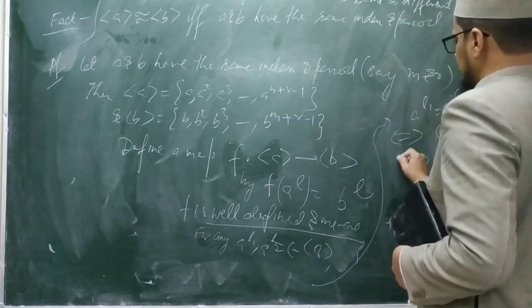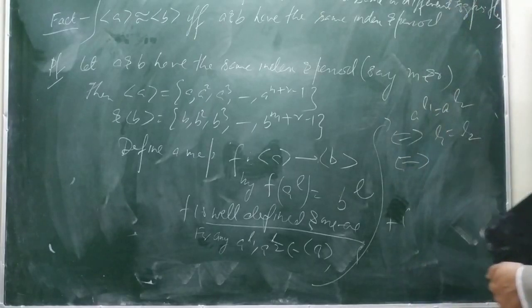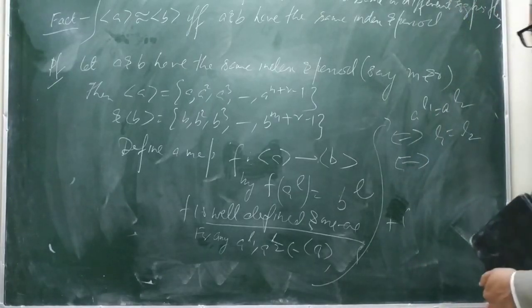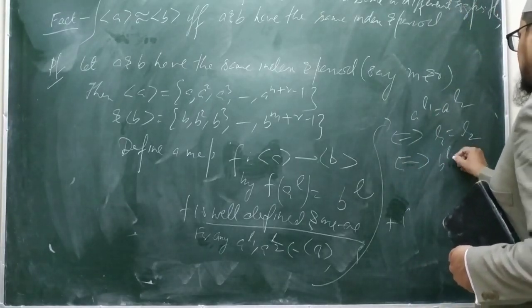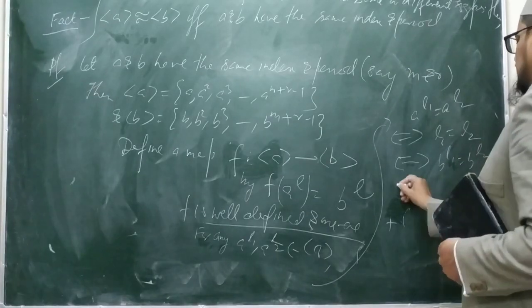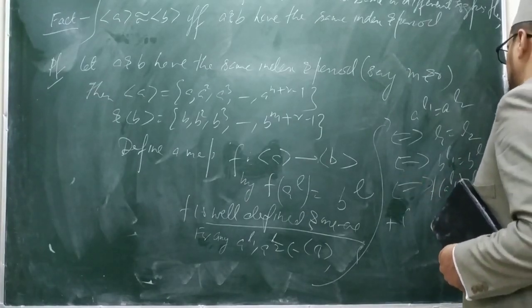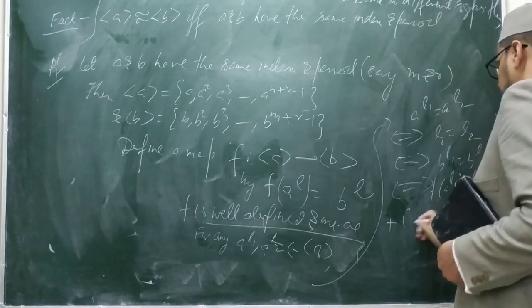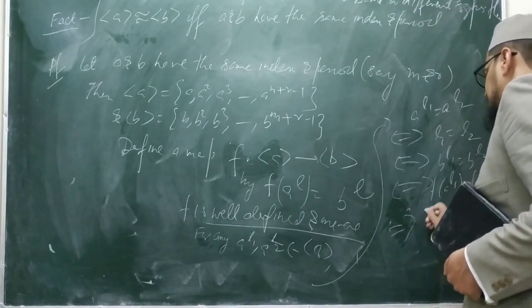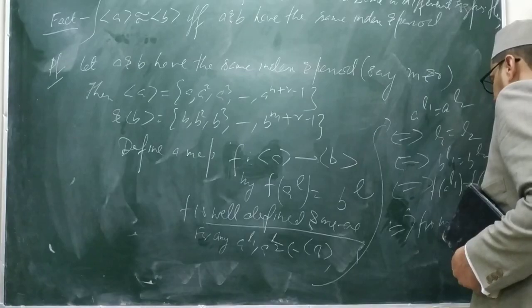It implies that B to power L1 is equal to B to power L2. It implies that f of A to power L1 is equal to f of A to power L2, which implies that f is well defined.